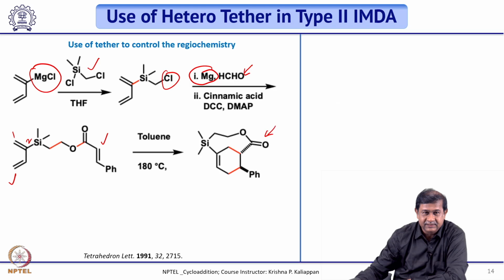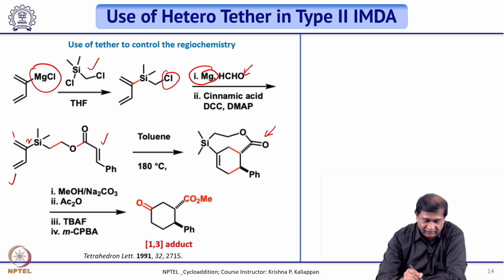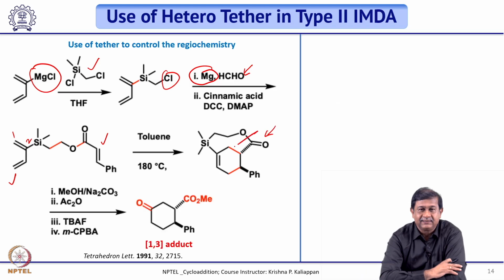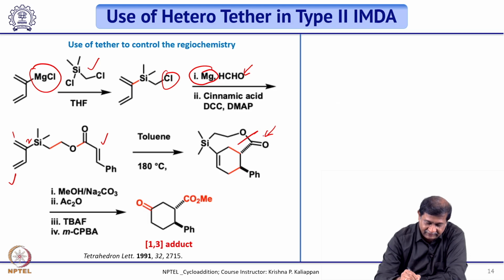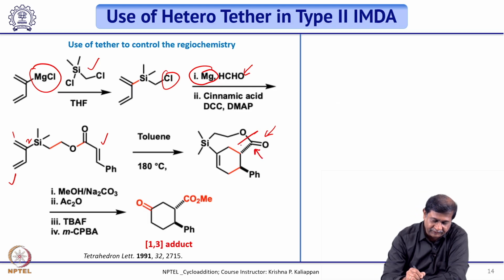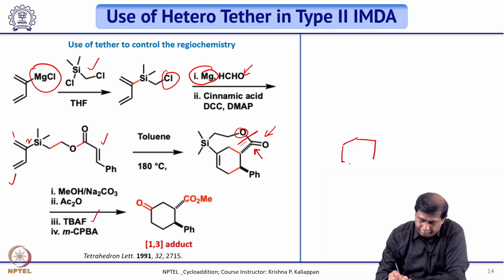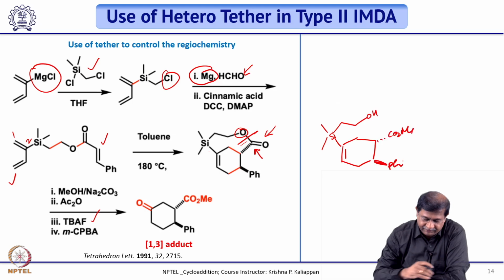The advantage is that once you have this, you can hydrolyze this lactone with methanol. So, you get an ester at this carbon, and once you hydrolyze, this will be an alcohol. So, this is the first step.